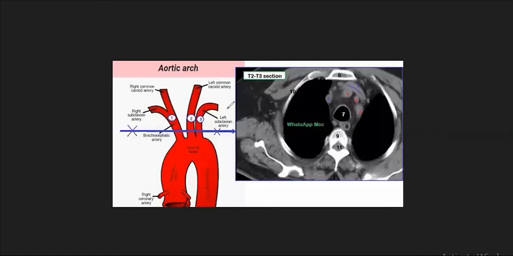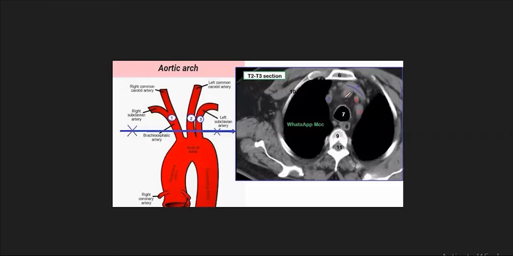Now look at this diagram. You can see these branches: brachiocephalic artery, left common carotid artery, and left subclavian artery. Here in the axial section, they spiral around the trachea. This is how you can recognize them.